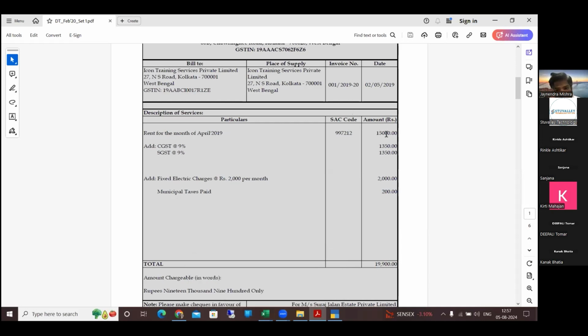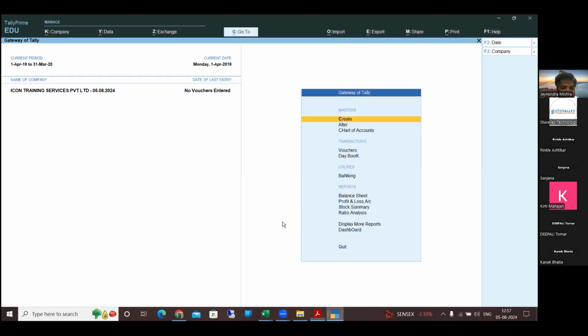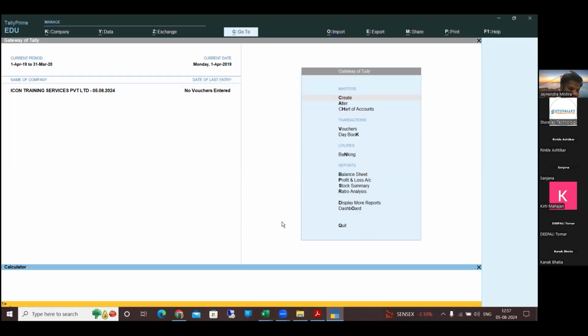So tell me, friends, here we are paying rent of 15,000 only per month, for the month of April. So 15,000 multiplied by 12. Control N to activate the calculator. Look at the bottom left side: 15,000 multiplied by 12. Total rent is 1,80,000 only.